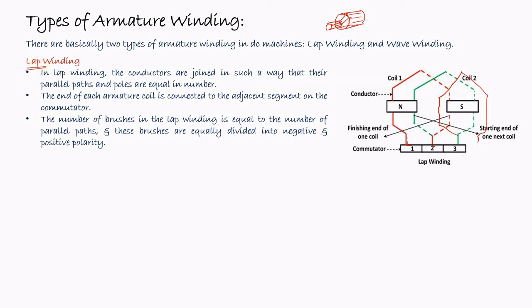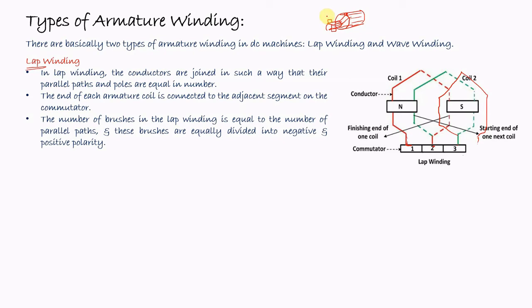In case of lap connections, the number of parallel paths, that means the number of brushes, is equal to the number of poles. What is the number of parallel paths or the number of brushes? Brush is basically connected with the commutator, and it is the medium between the static external circuit and the rotating part.